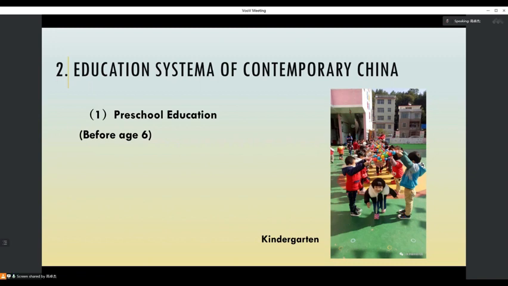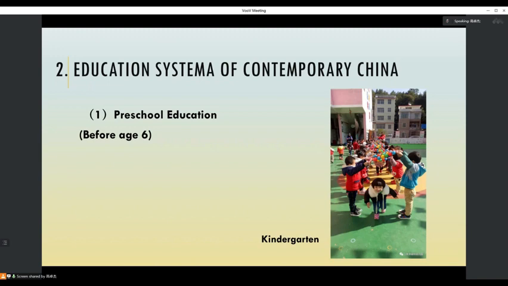Education system of modern China. China's system of education: if you have a child and the child reaches 6 years old, the child can go into a primary school.